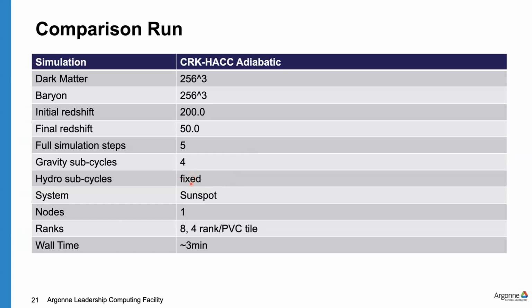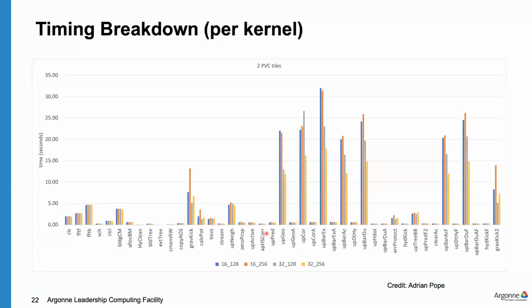The number of hydro subcycles is fixed, so it's not adaptive. We ran these on Sunspot on one node, running on one PVC for many of these comparisons, with 4 ranks per PVC, just to have a fair comparison with the A100. Wall time is approximately 3 minutes.